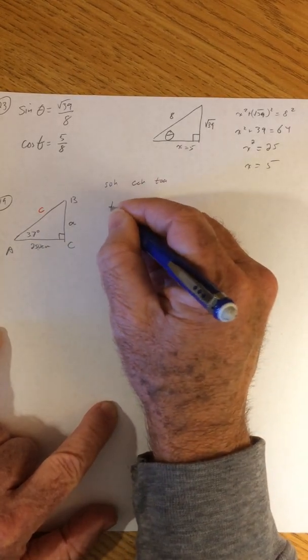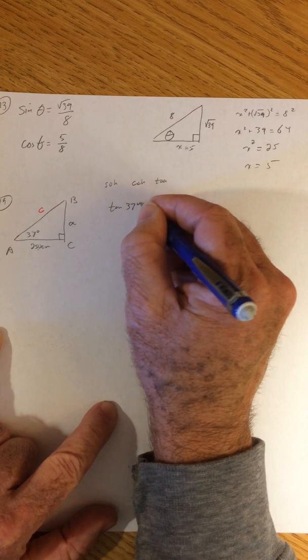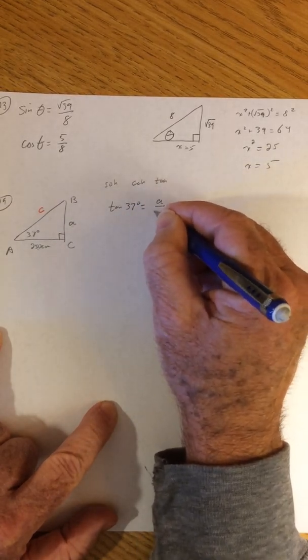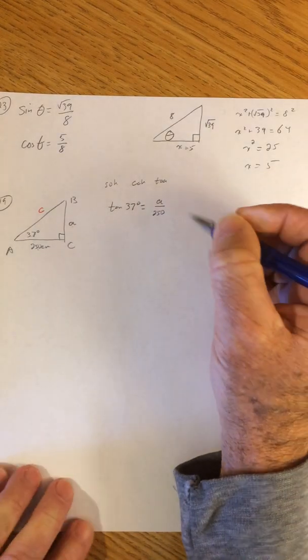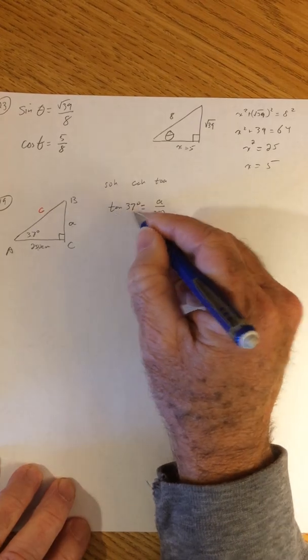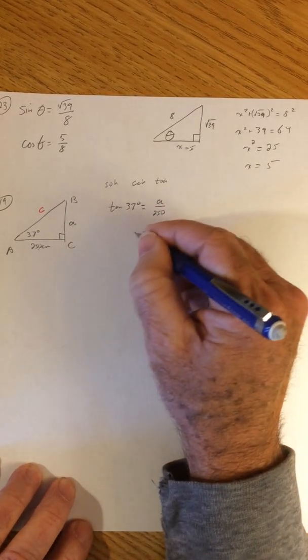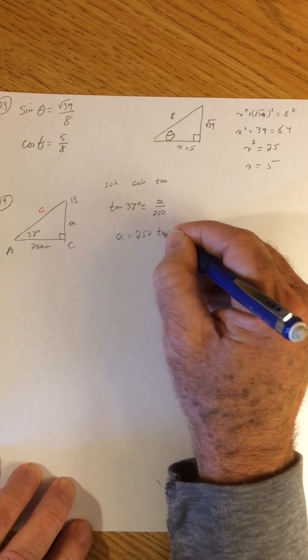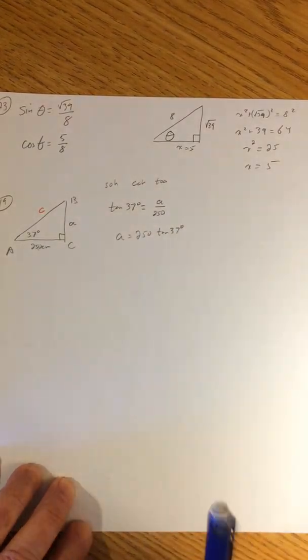So we'll write this. The tangent of 37 degrees is equal to A divided by 250. We'll put the units in when we're done. Opposite divided by adjacent. Now I can think of this as a fraction. I'll cross multiply. A times 1 is equal to 250 times tan 37. Now here is a hint.